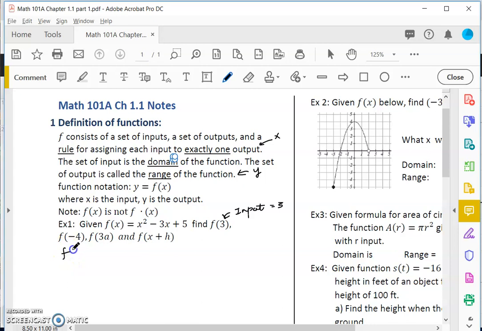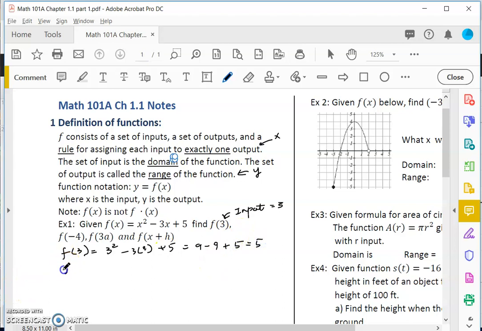So I would write f of 3 equal to 3 squared, because 3 is going to replace the X values. X is the placeholder, so it is the input. Minus 3 times 3 plus 5. That would be 9 minus 9 plus 5, equal to 5.